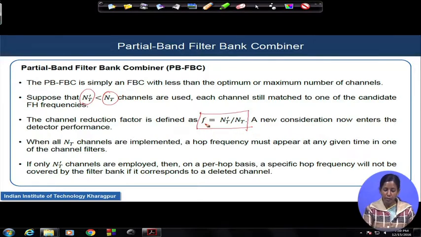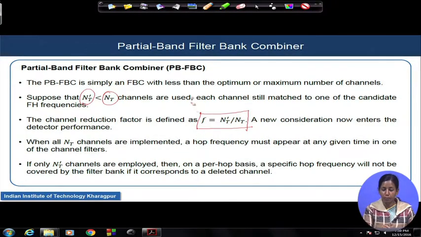We will see that the detection probability and false alarm probability for this PB FBC now come with a factor of this small f. When all NT channels are implemented, a hop frequency must appear in one of those channels.